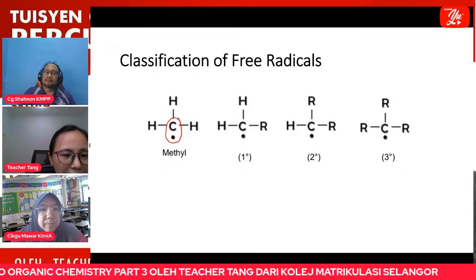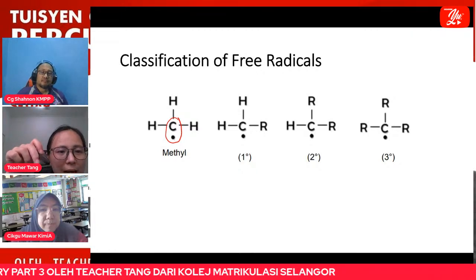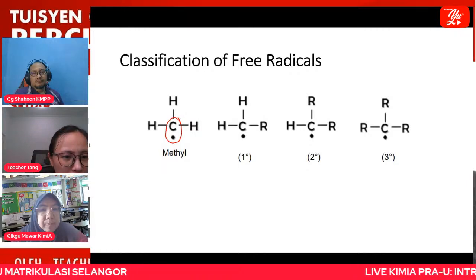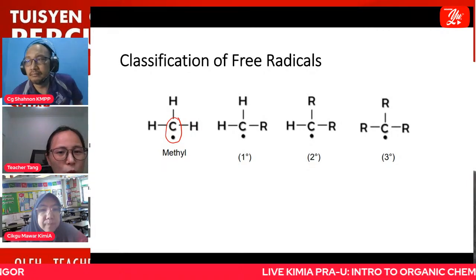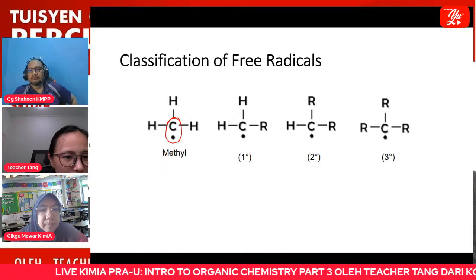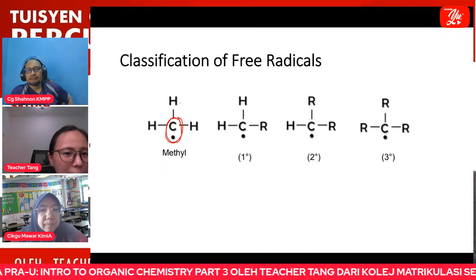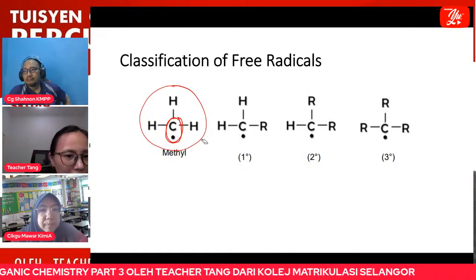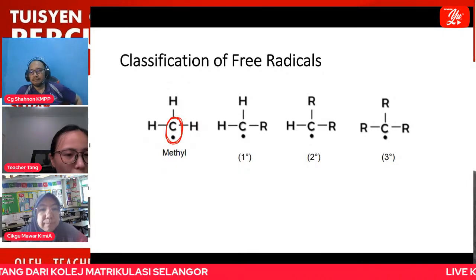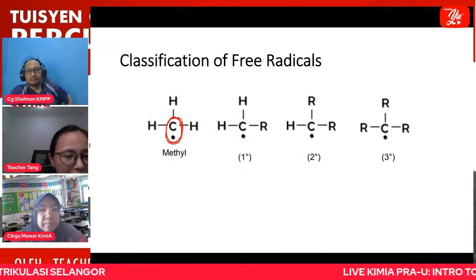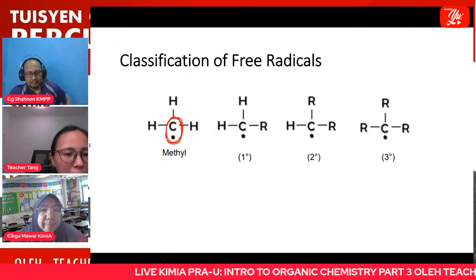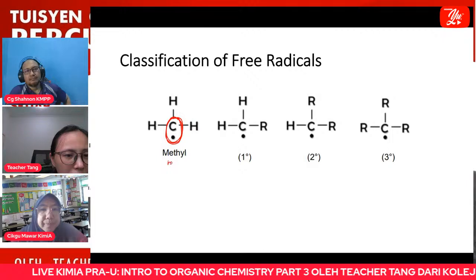To classify the free radical, first we circle the reference carbon, then we look at how many alkyl groups or carbons are attached directly to this reference carbon. For example, in this species here, the reference carbon that carries the unpaired electron has no alkyl group as a friend, no carbon as a friend. If there is no carbon or alkyl group attached, then we call this a methyl radical.